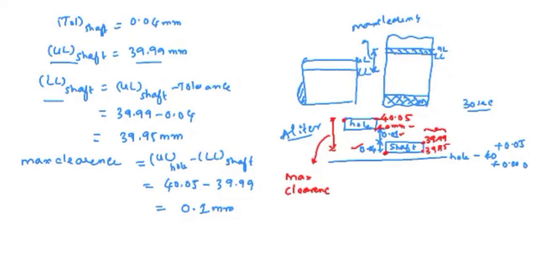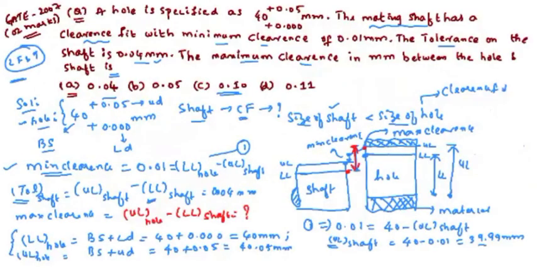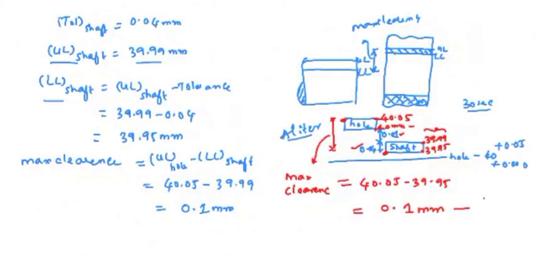Now this point is 40.05 and this point is 39.95, so the maximum clearance is 40.05 minus 39.95, which is 0.1 mm. So as per the question, option C is the correct choice.